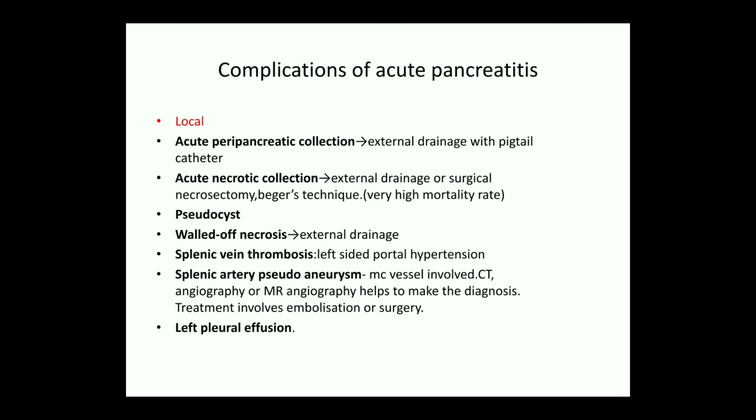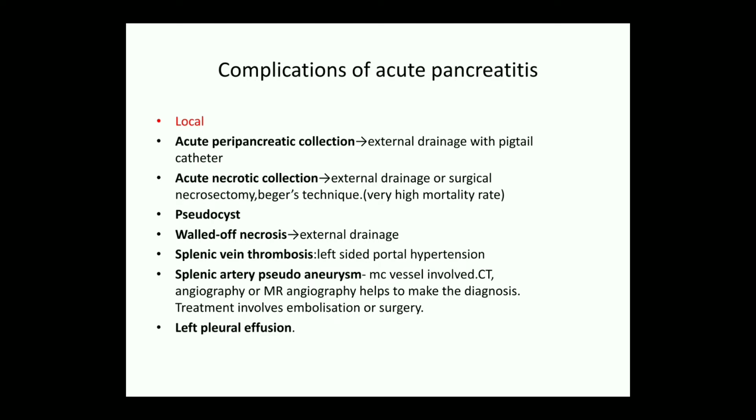And after this we can use Beger's technique for continuous lavage. But acute necrotic collection and this surgical necrosectomy are related to very high mortality rate. And in case of wall of necrosis also we can go for external drainage.